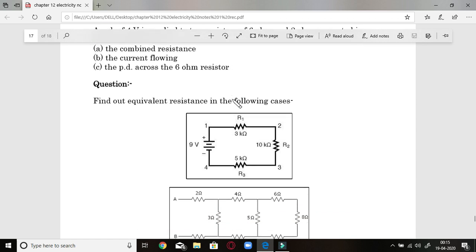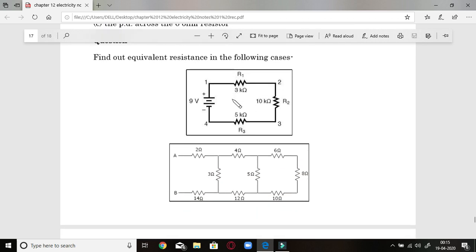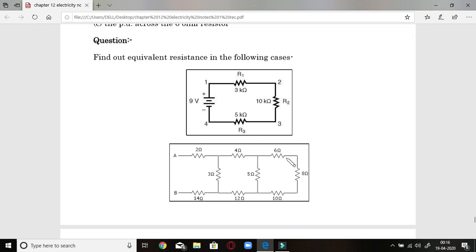Now the next question: find out the equivalent resistance in the following. In this case, students, as you see, all the resistances are in series. You can easily find out the resultant resistance. If you look at the second case, these are all in the parallel condition. First of all, we will solve these three resistances in series, because there is no connection at these two ends, so they are all in series.